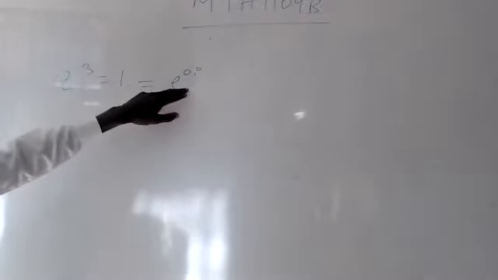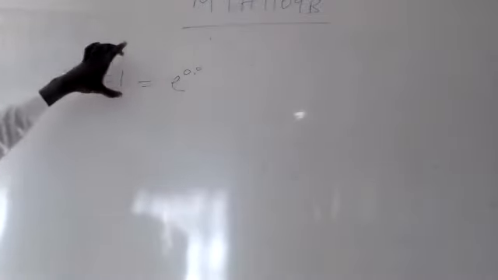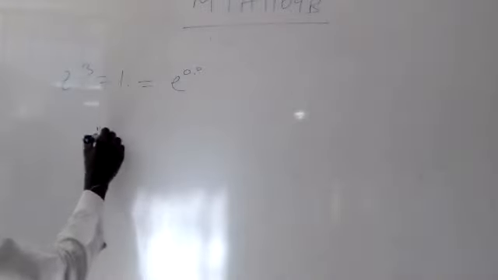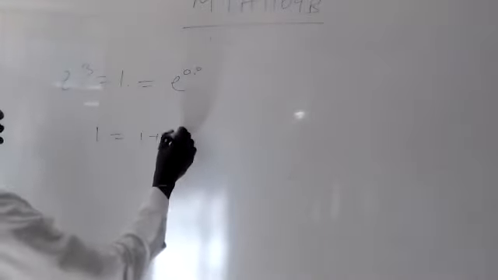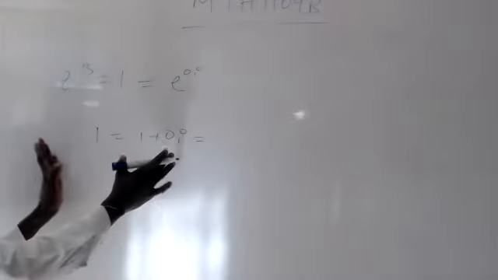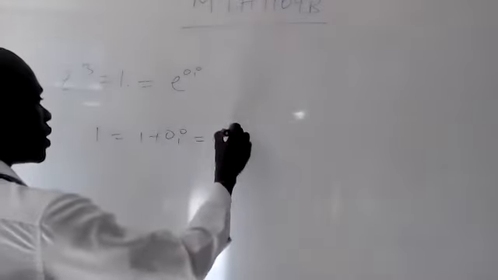Okay, so the number 1 can be written as exponential 0i. Remember, 1 is the same as 1 plus 0i. This is in rectangular representation. So in exponential form it is simply exponent 0i.